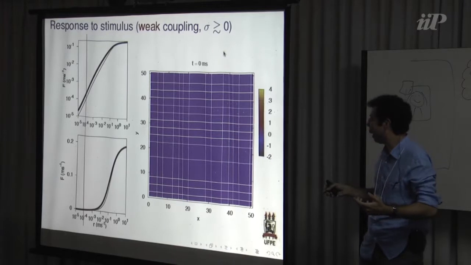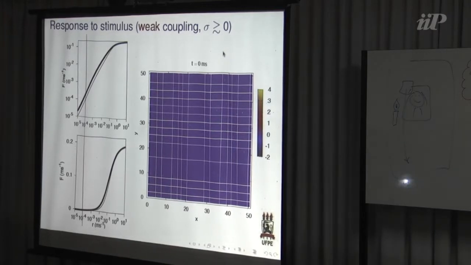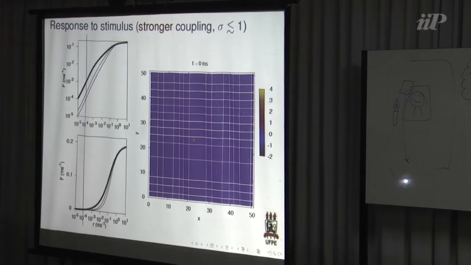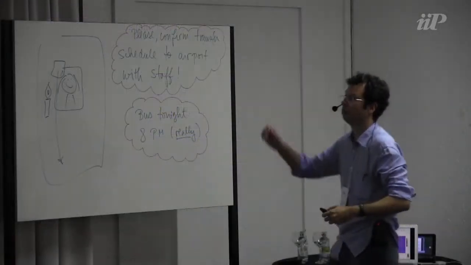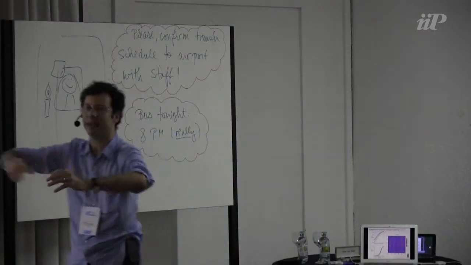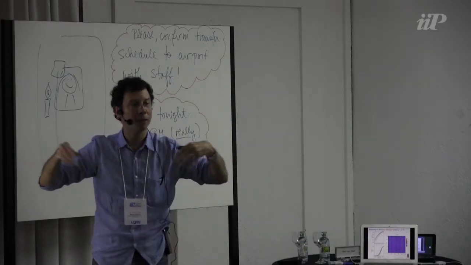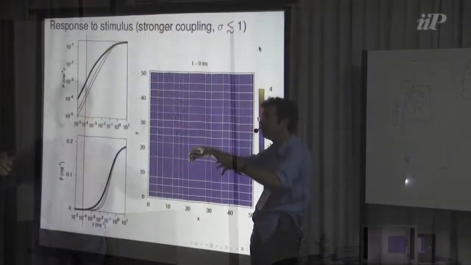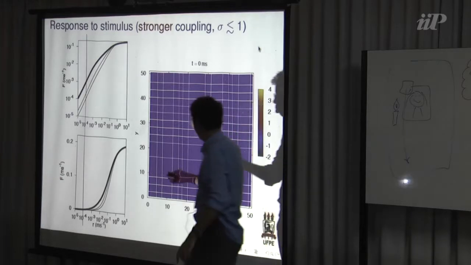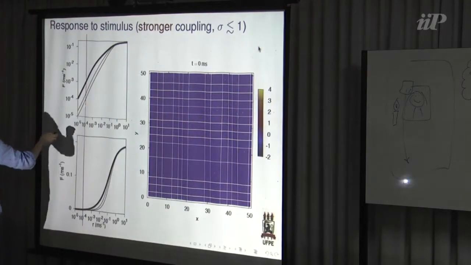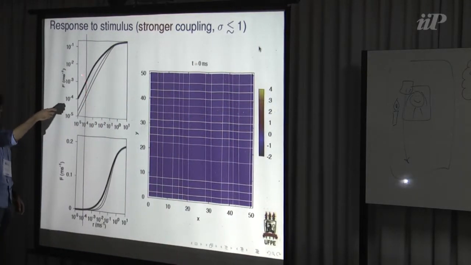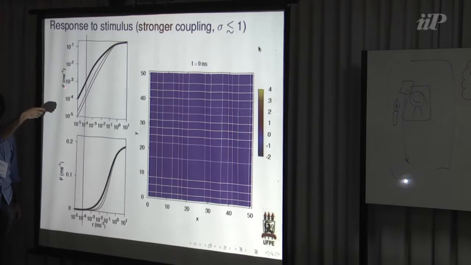So let's amplify even more. If I take a stronger stimulus, now I create larger waves, because there's more probability that this activity will continue for some time. And then what you get as a response is an even larger amplification of the stimulus.